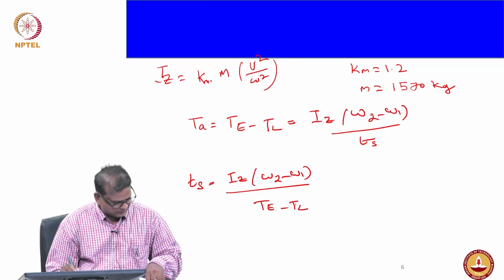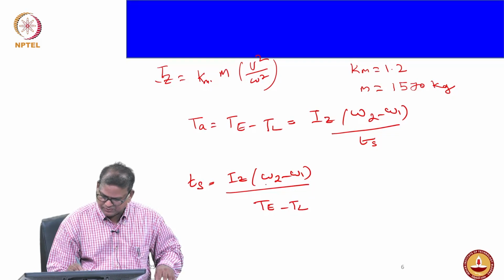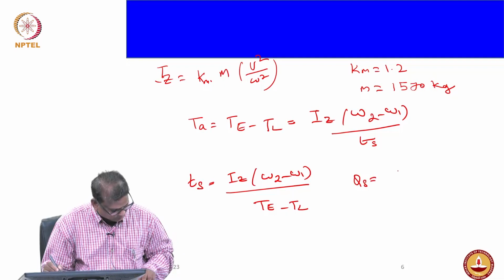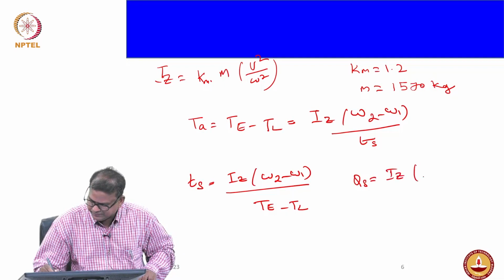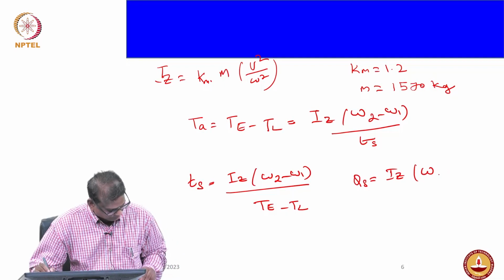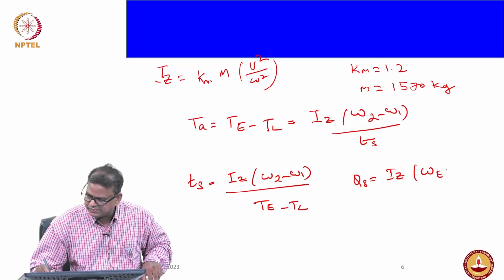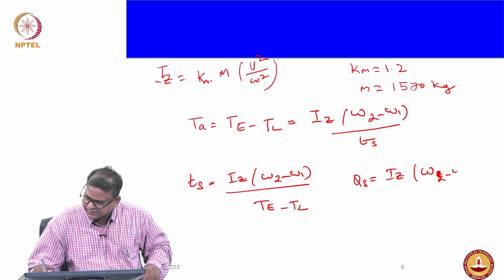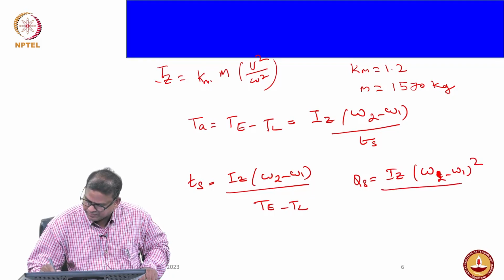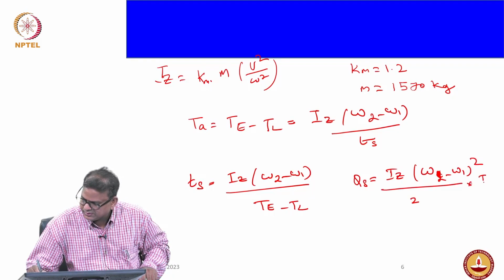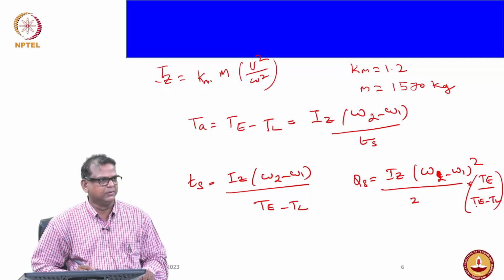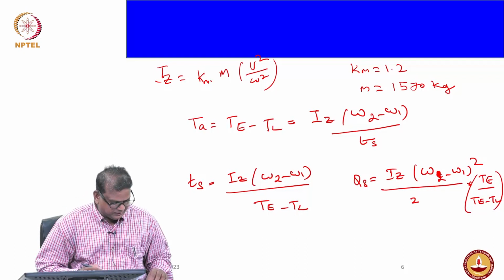I will tell you what omega 2 minus omega 1 means, and similarly the heat generation Qs equals Iz omega engine, or we can say (omega 2 minus omega 1) whole square by 2 into load factor (T minus TL). So, these are the equations, I think already explained.